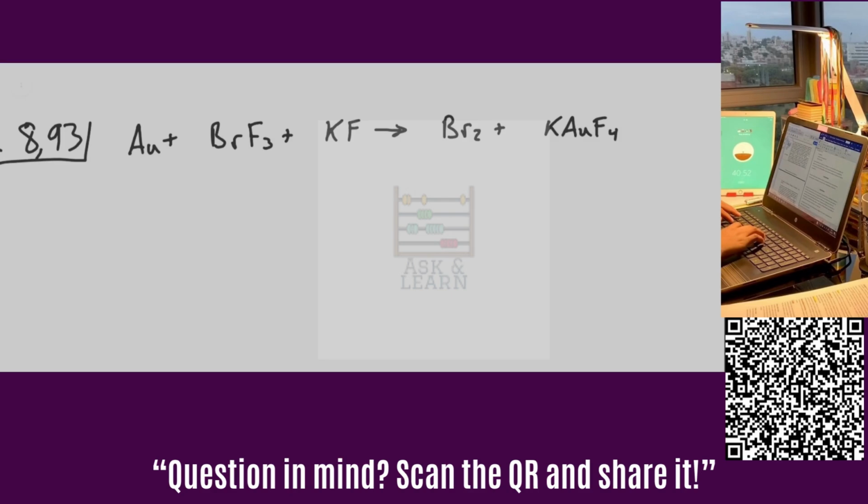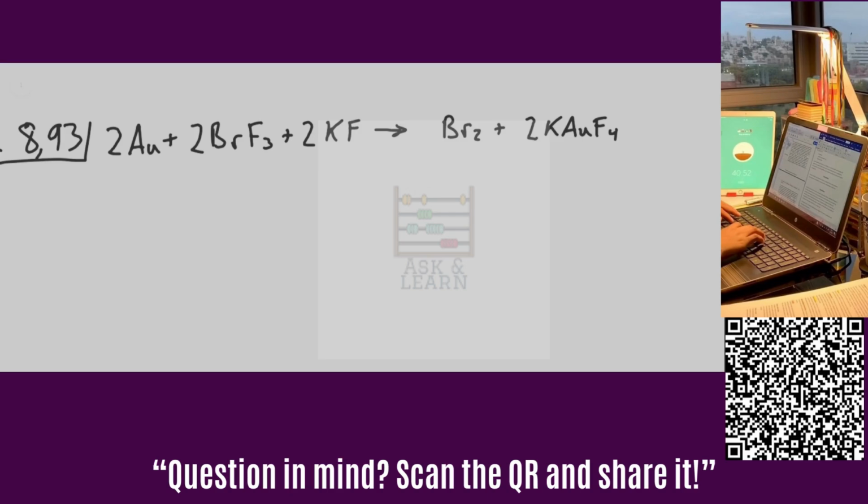We'll need two BrF3s because we have Br2 on the right side. This means we're going to need two potassium fluorides so we can have an even number of fluorine, 8 fluorine. So we now have 8 fluorine on this side. So we have a balanced equation.